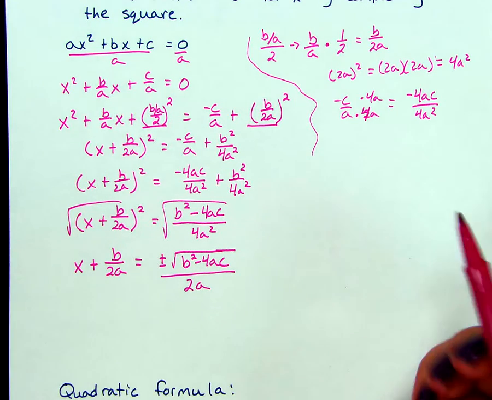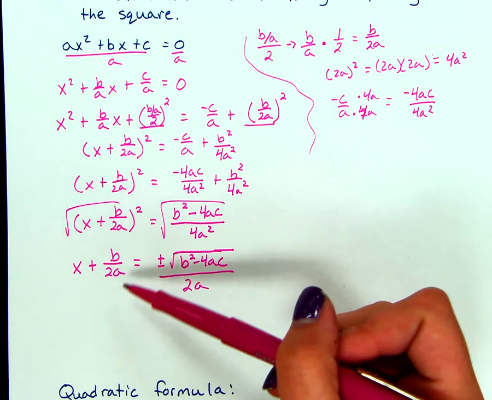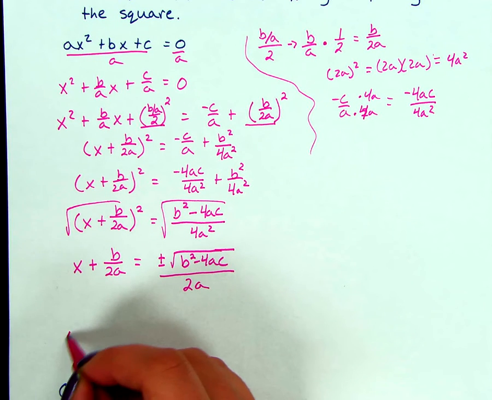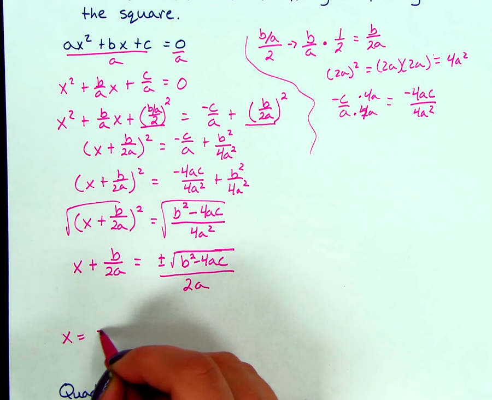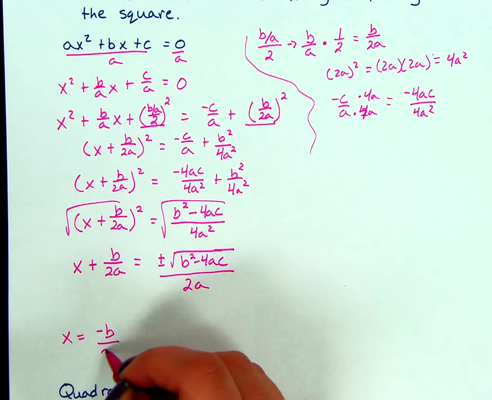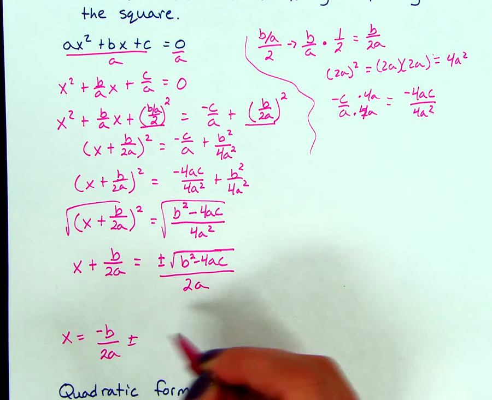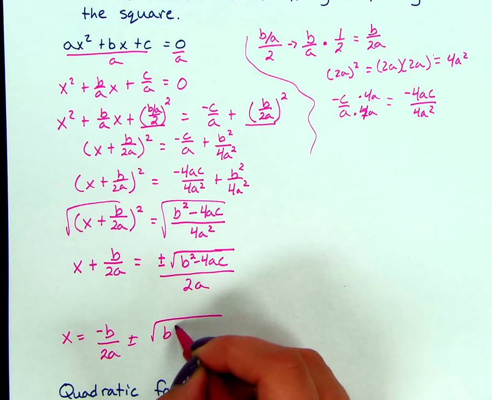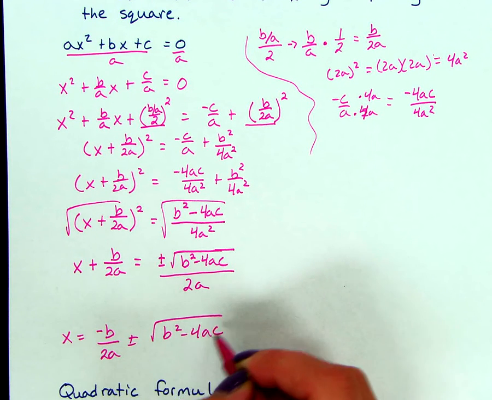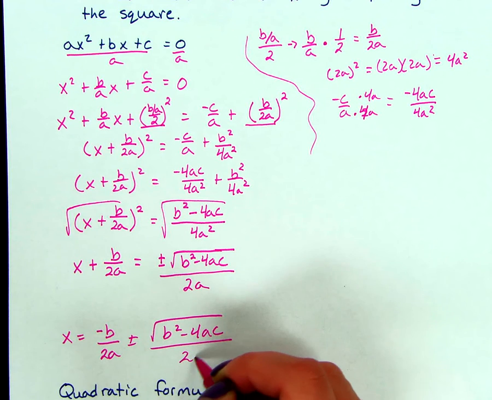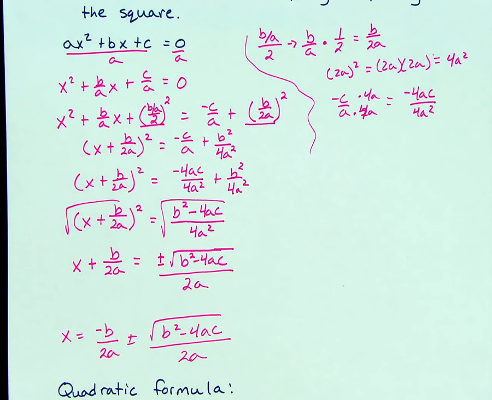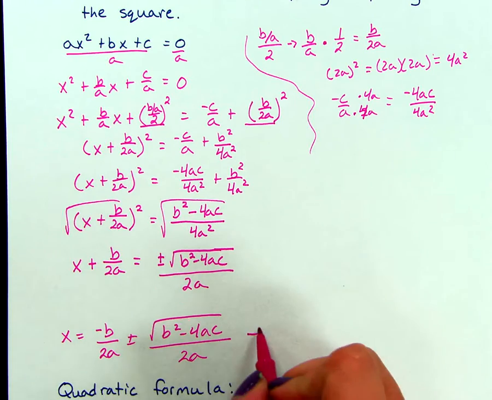And then to get x by itself, we subtract this first term over. So we have x equals negative b divided by 2a plus and minus the square root of b squared minus 4 times a times c over 2a. And then because we have the same denominator, that means that we can combine it into one fraction.